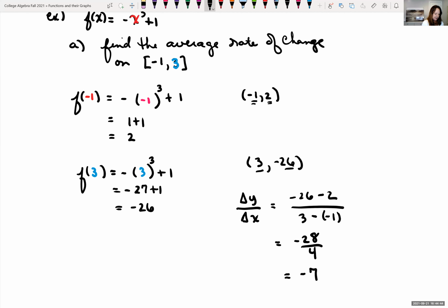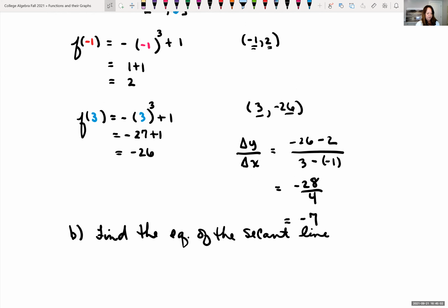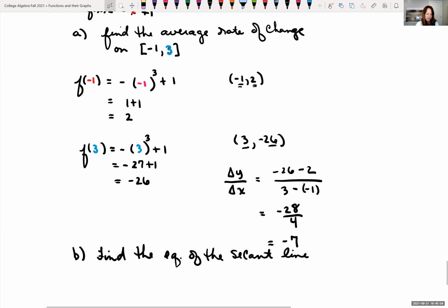What if it asked us to find the equation of the secant line? Okay, well, remember we needed two things when we were looking for the equation of a line.